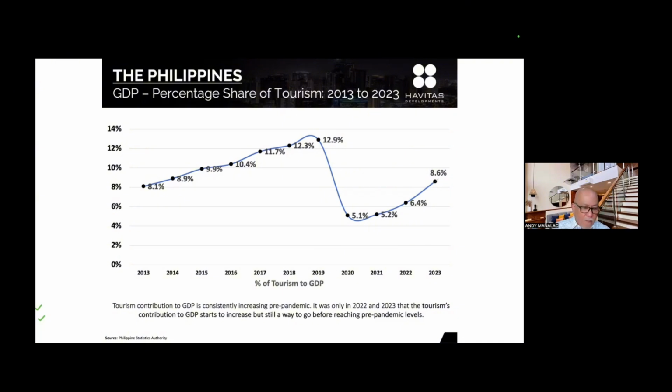In fact, the ASEAN Association of Tourism said the Philippines has the strongest domestic tourism market in Southeast Asia. The good thing about that is that we are not too dependent. Of course, we want to have these foreign tourists, but the good thing is that we have a very stable and steady domestic tourism industry.